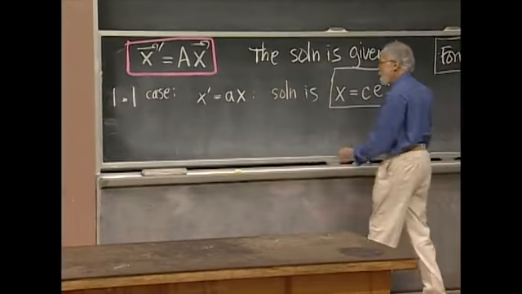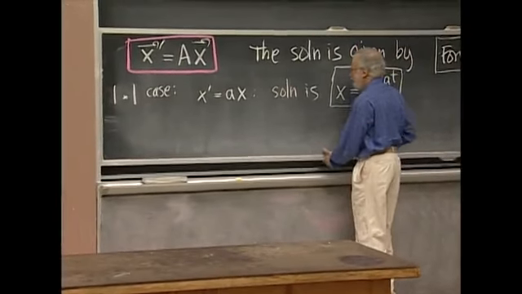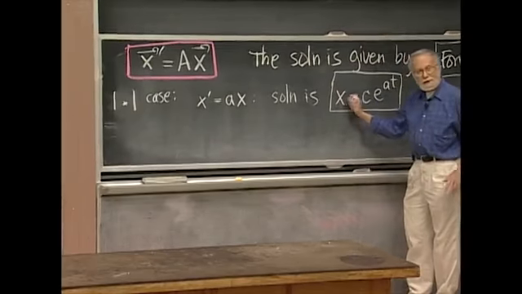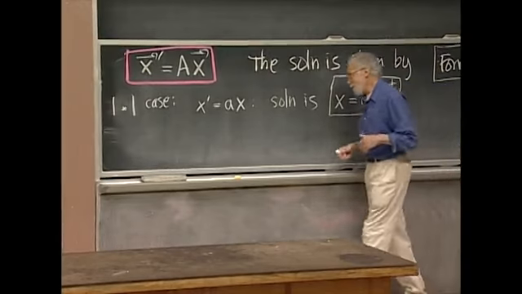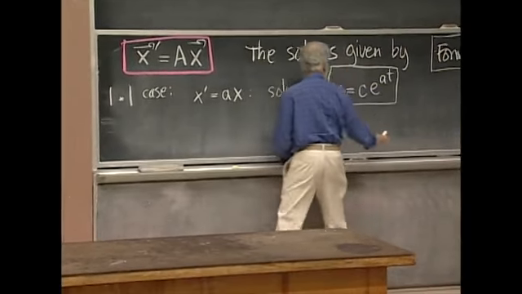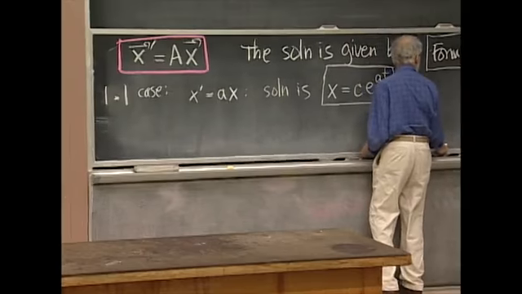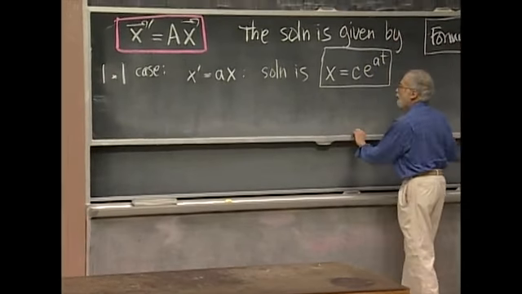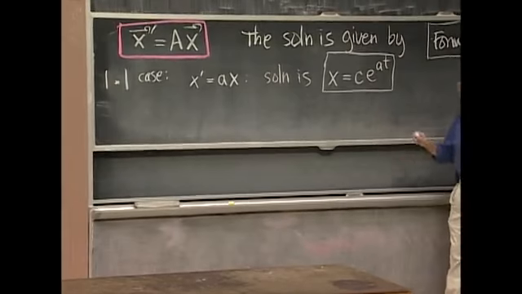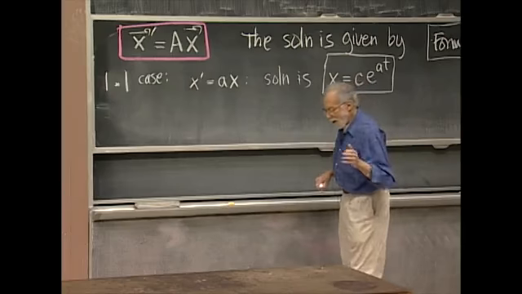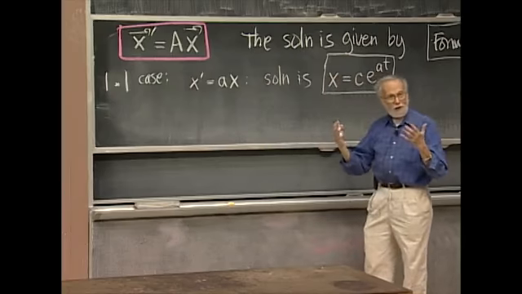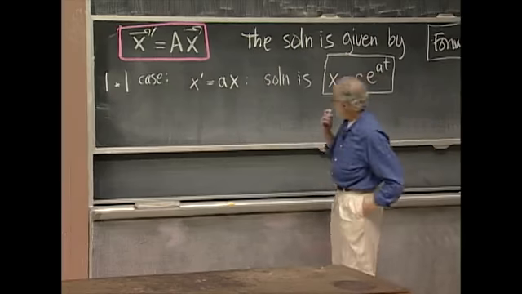Well, the answer is the same idea: whatever the answer I give here, it's got to work in this case too. So let's take a quick look at why this works. Of course, you separate variables and use calculus. I'm going to give you a slightly different argument, which has the advantage of generalizing to the n by n case.